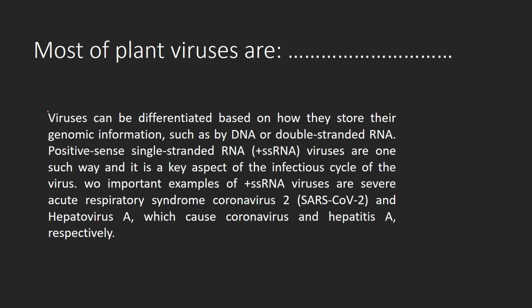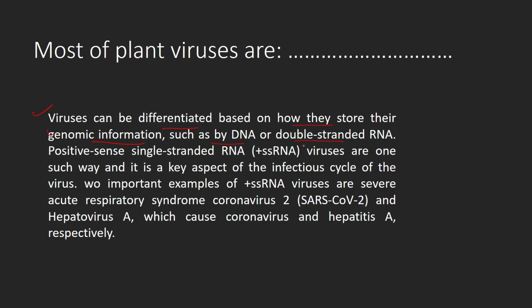Actually, in the case of viruses, they can be differentiated on the basis of how they store their genetic information. So the only criterion for differentiating viruses is how they store their genetic information, such as by DNA or double-stranded RNA.